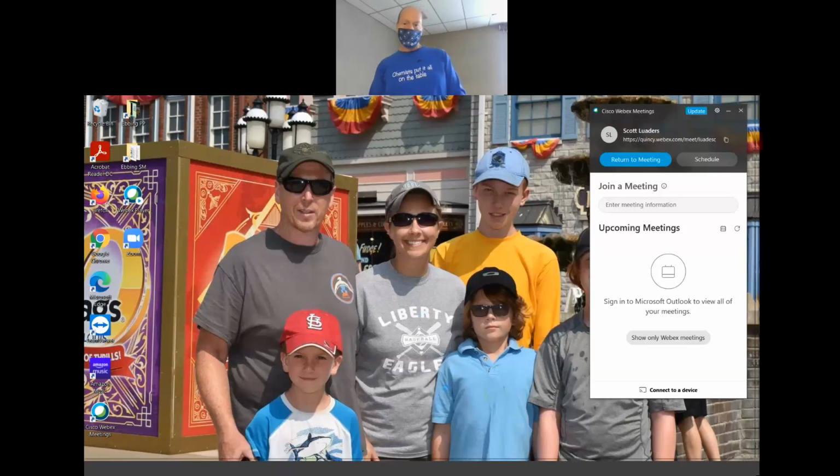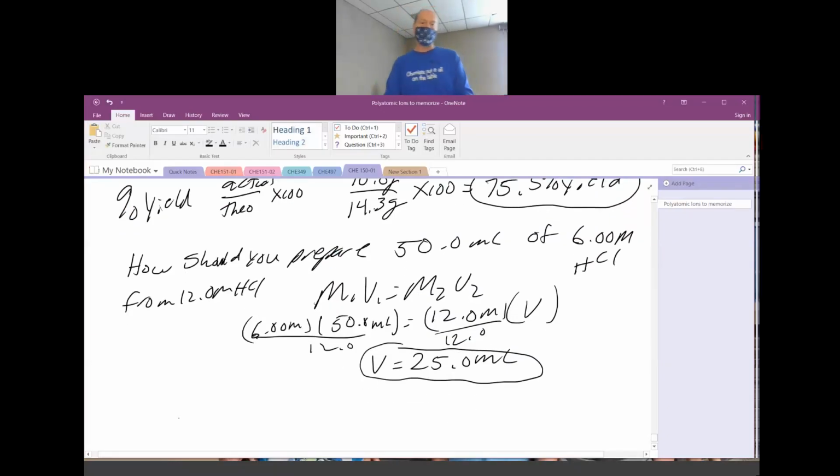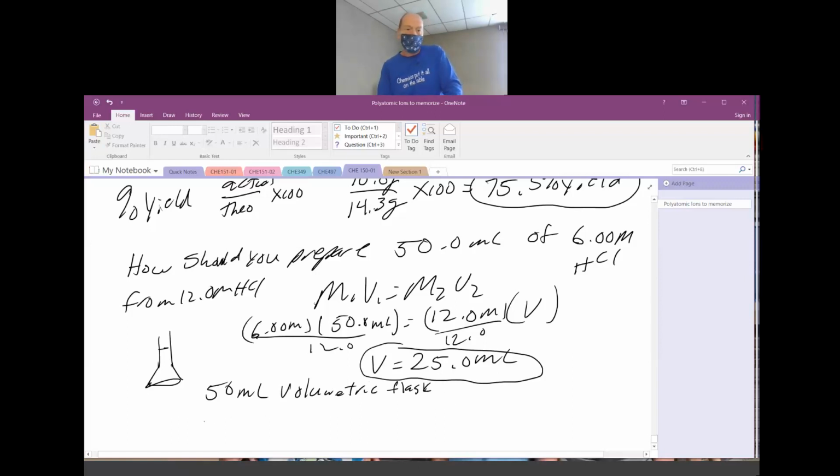All right, so you're going to take, this is an acid, very concentrated. Remember, you have to add acid to water. All right, so we're going to take a 50 mil volumetric flask. So here's a volumetric flask. So we're going to use a 50 mil volumetric flask. And we're going to add 24 mils of water.